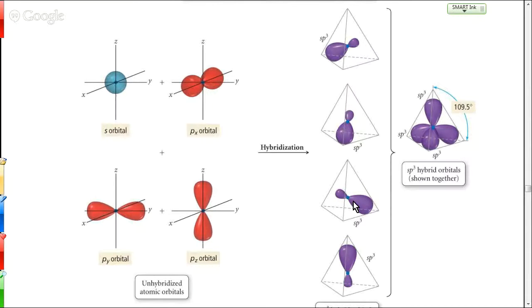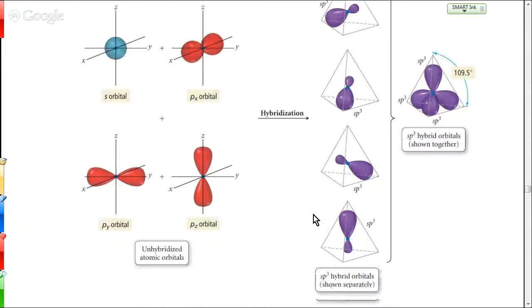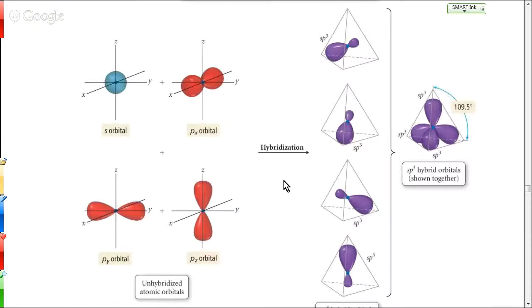This is probably the best picture of it here, where it's kind of like a p orbital with one big lobe and one little lobe. And we call that an sp3 hybrid orbital. That name comes from one s orbital combining with 3 p orbitals. And we make 4 hybrid orbitals that are pointing into the different sections of the tetrahedron.